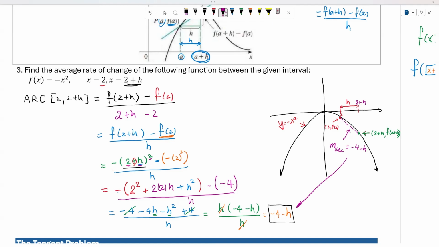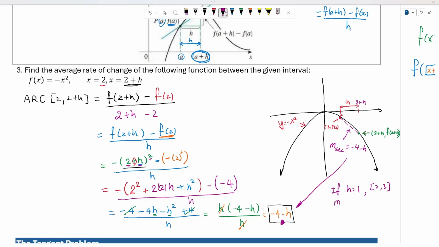So what does this mean to me? It means that, for example, if h equal to 1, meaning the points are from 2 to 3, instead of working out the average rate of change between 2 and 3, we could use this formula right here and plug it in.